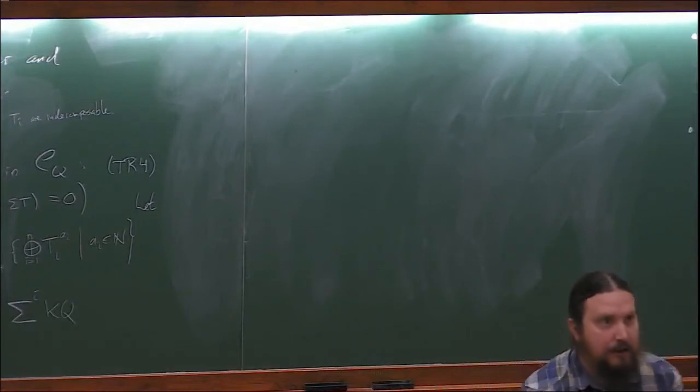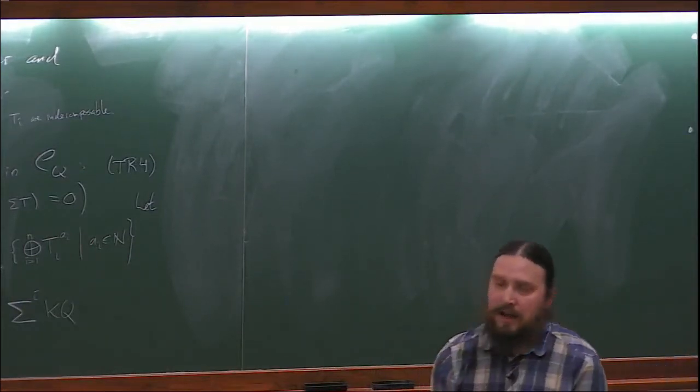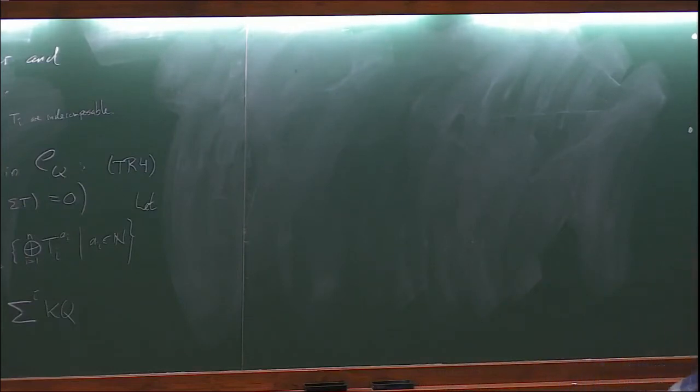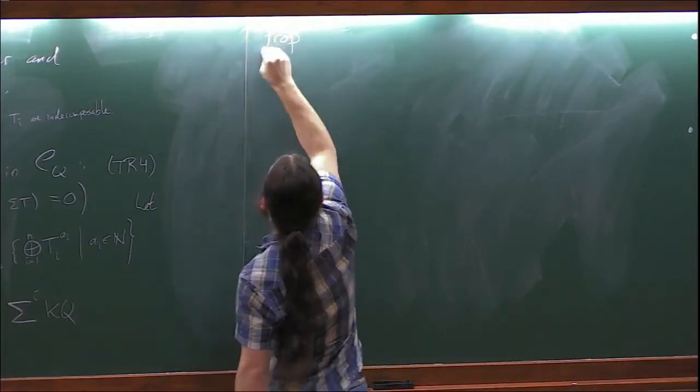And in the same way that in any module category, any module admits a projective presentation, in such a cluster category with a cluster tilting object, any object will sit in a triangle that looks very much like a projective presentation. So let me write down the proposition here.